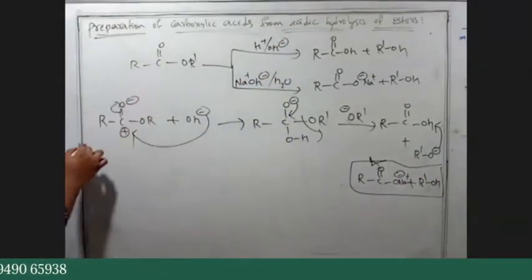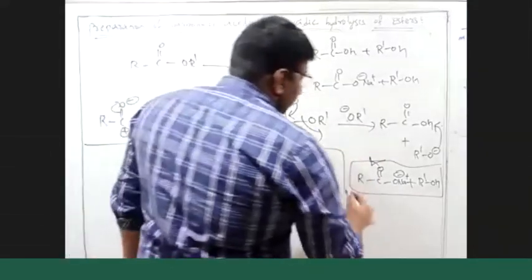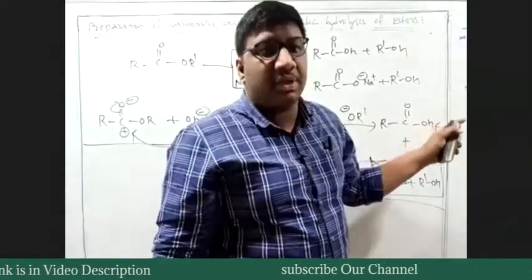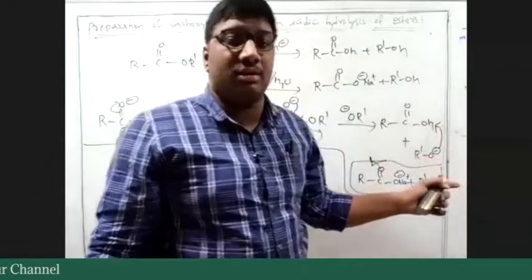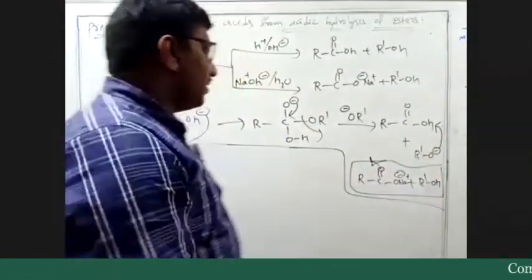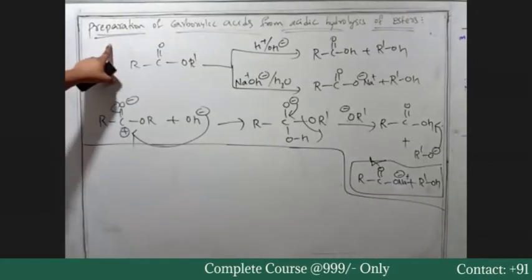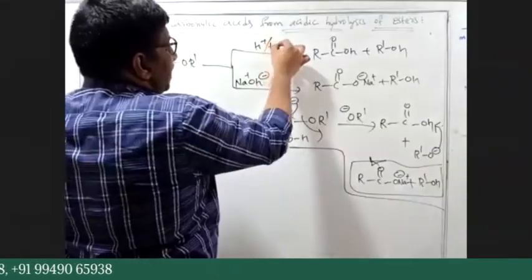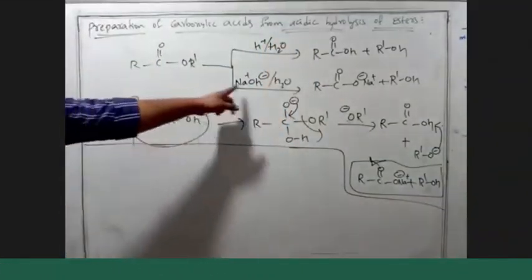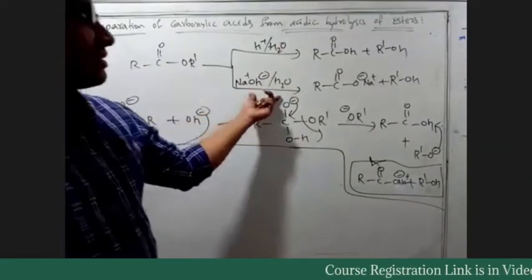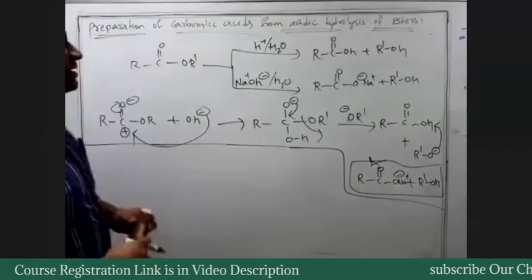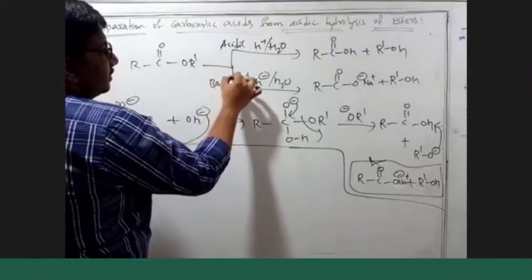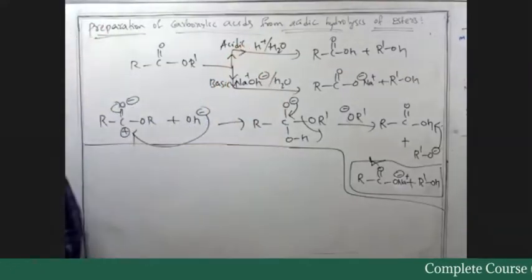That is, carboxylate ions will be generated, not exactly acids. Acids will be generated, but the H plus from the OH of the acid will be picked up by the alkoxide ion. So if we treat esters with H plus in the presence of H2O, not OH minus, that is acidic hydrolysis, and NaOH in the presence of H2O is called basic hydrolysis.